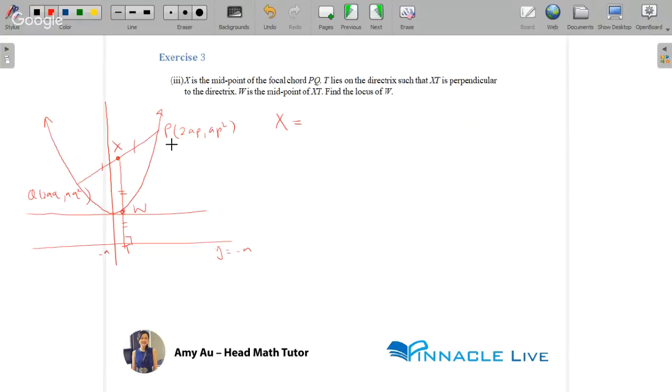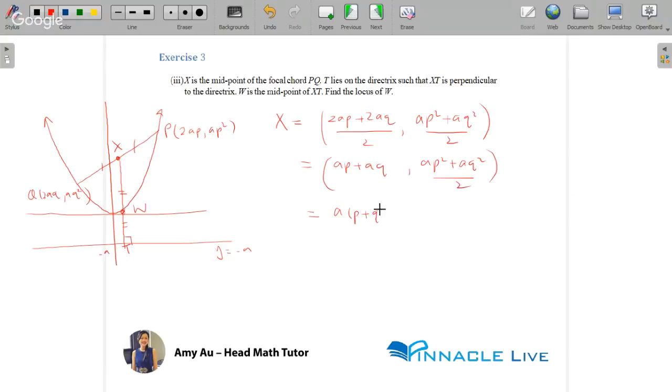I'm just going to apply the midpoint formula to the coordinates of P and Q. The 2 cancels out, and then I might just factorize it.